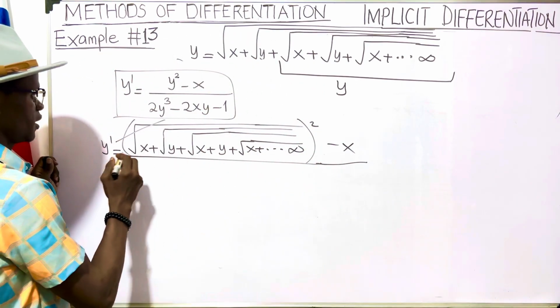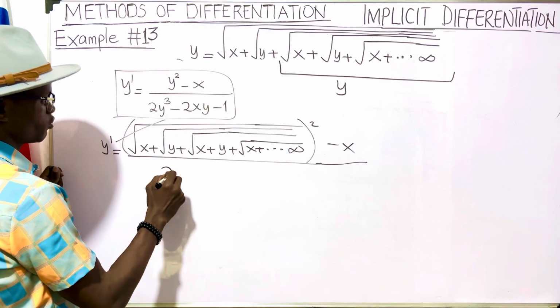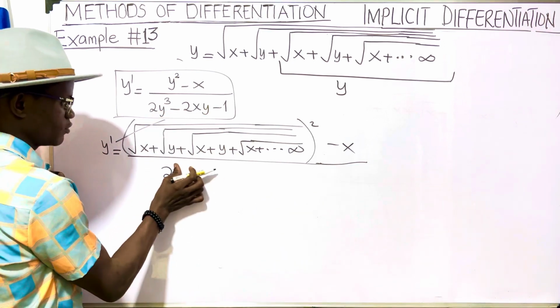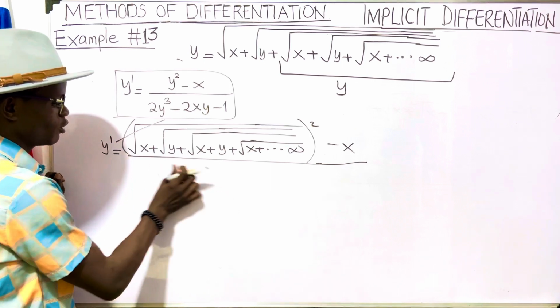For the denominator, it's just 2 times y cubed, so just replace this y with it. It's too long.